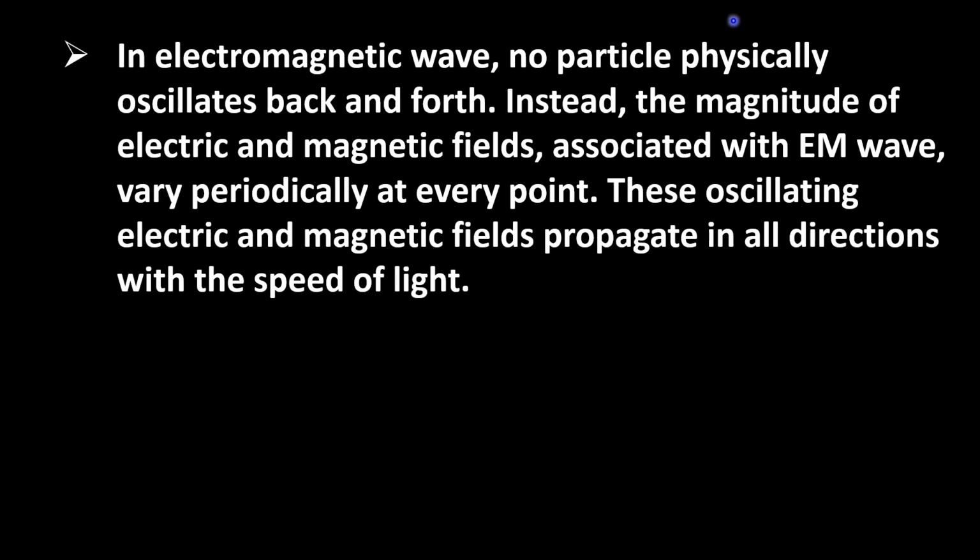So in order to make a wave, here I have taken some points, dashes, etc. to form a wave. But don't imagine that they are particles vibrating. No particle oscillates physically in electromagnetic waves.